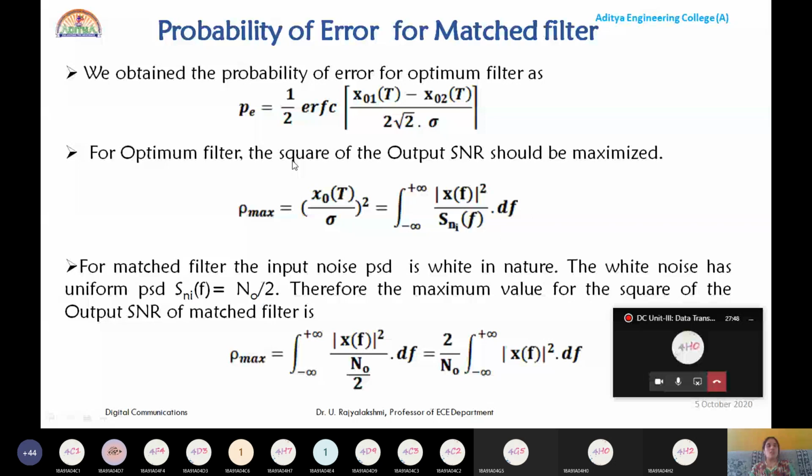If you go through the corresponding module in the last class, we calculated this expression. For the matched filter, the input noise power spectral density is white in nature.